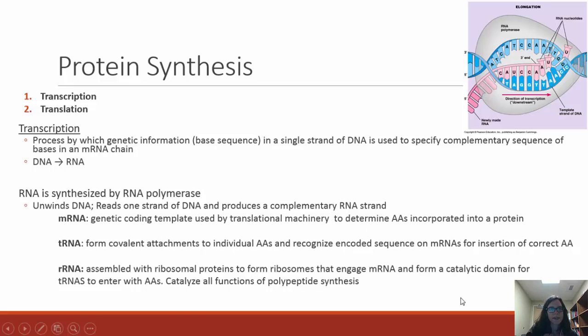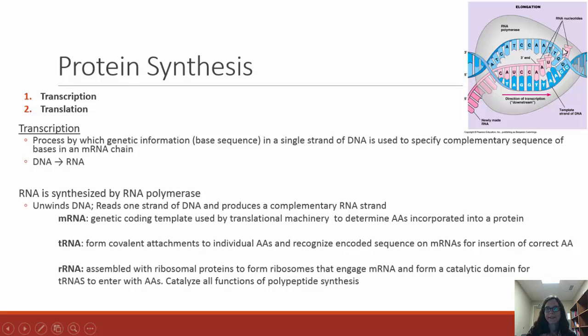So here we have this RNA polymerase enzyme, and it's going down the DNA double helix, and in so doing, the double helix is unwinding. So here you can see we have the DNA double helix.